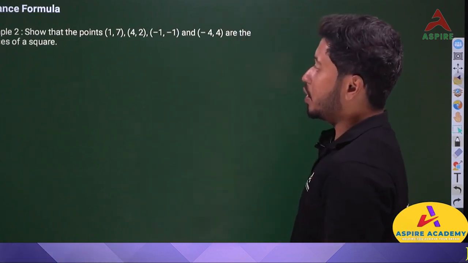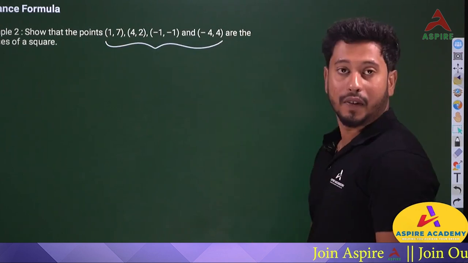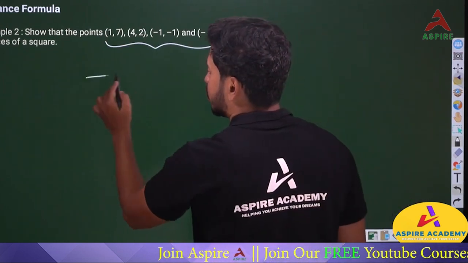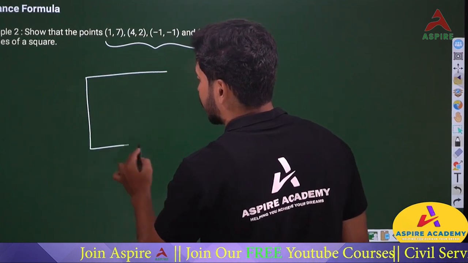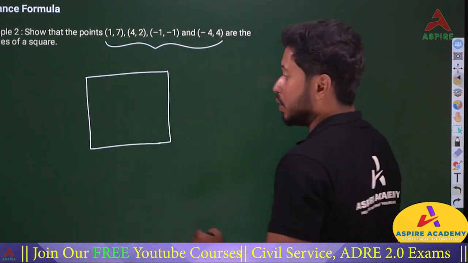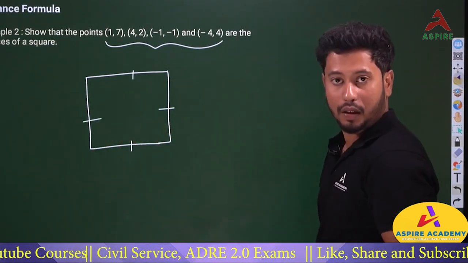What is the question here? These points are the vertices of a square. So what is a square? A square is a type of quadrilateral where all the sides are equal, right?